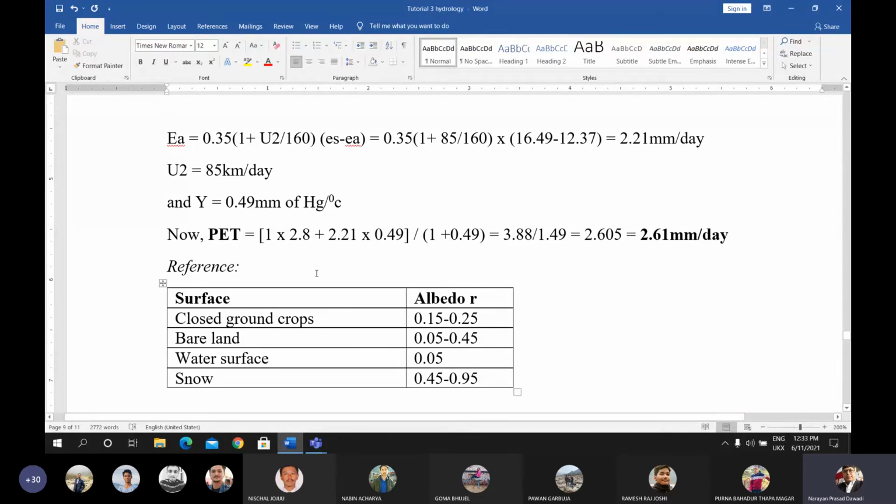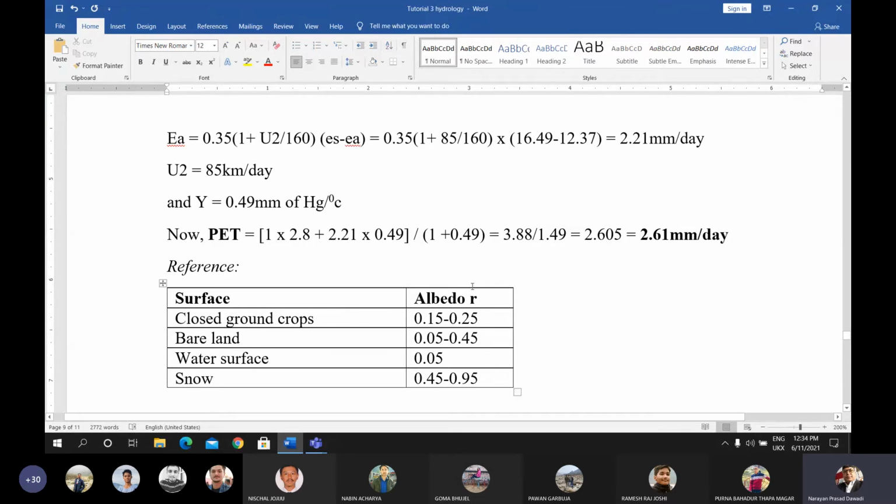A value is 1, Hn value is 2.8, EA value is 2.21, gamma value is 0.49, and A plus gamma is 1.49, since 1 plus 0.49 becomes 1.49. If you solve this, the potential evapotranspiration from that area will be 2.61 mm per day.